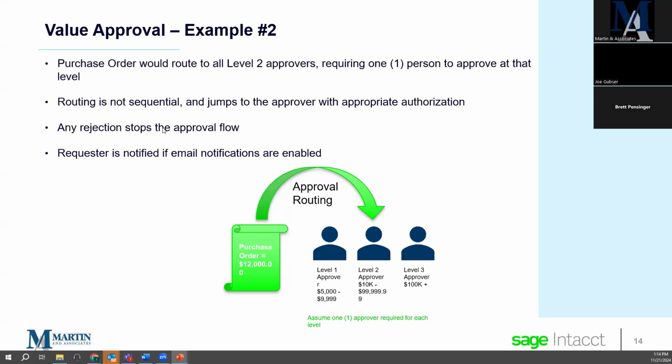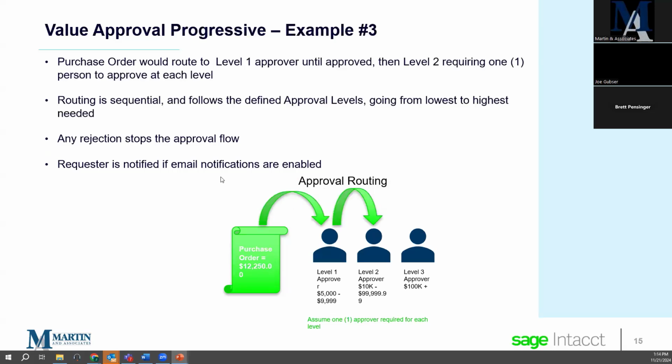Any rejection on any of these will stop the approval flow and send it back to the initial approver, and they have to make whatever changes they're told to make because of the rejection, and then it routes again and goes through the approval process again. The requester is notified via email if that's set up, and we're going to see all that.